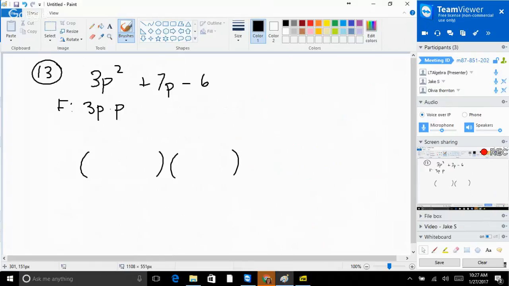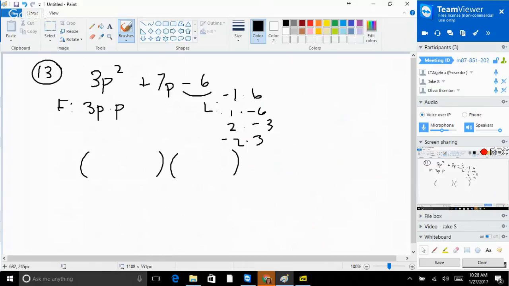Our last term is -6, which has more possibilities. It can be -1 times 6, it could be 1 times -6, we could have 2 times -3 or -2 times +3. So we have a lot of possibilities for the last, but as long as we pick one of those combinations, we're going to get a -6.